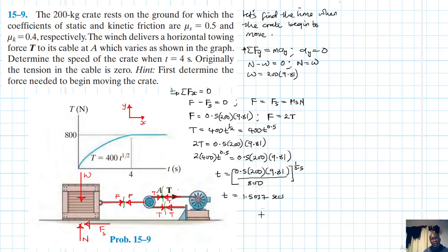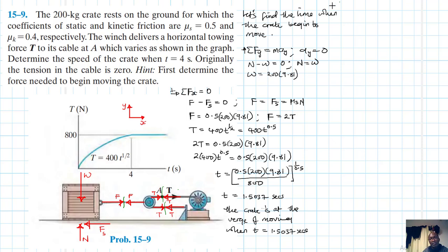Alright, so we'll say the crate is at the verge of moving when t is equal to 1.5037 seconds.